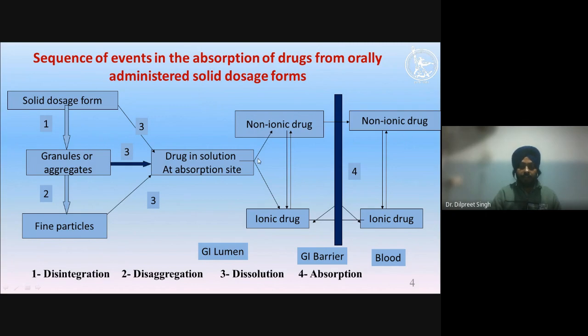The ionic and non-ionic states are reversible. The ionic drug is transferred from one absorption site to another and goes into the blood. The non-ionic drug is basically protein-bound, and protein binding is reversible in nature. As long as the ionic drug is absorbed, the non-ionic drug is slowly detached from the protein molecule and slowly absorbed from the gastrointestinal lumen.